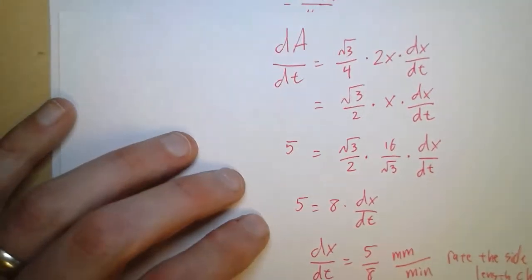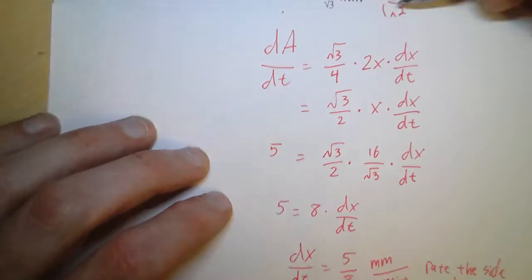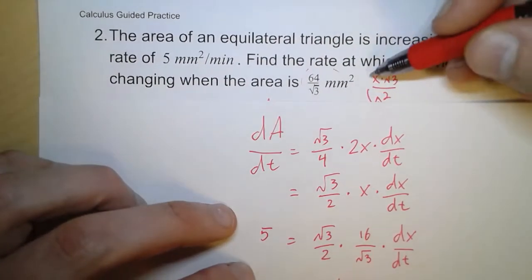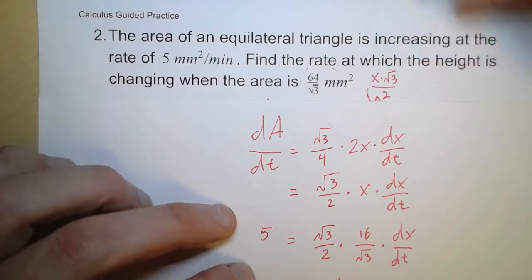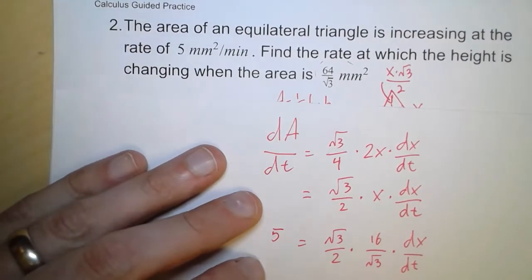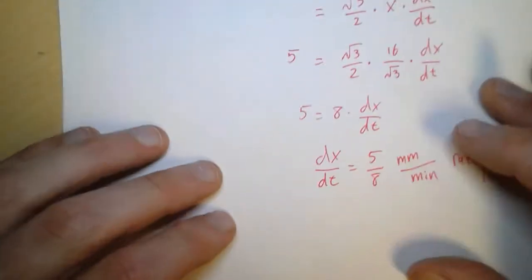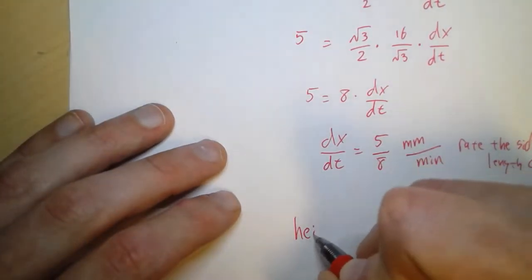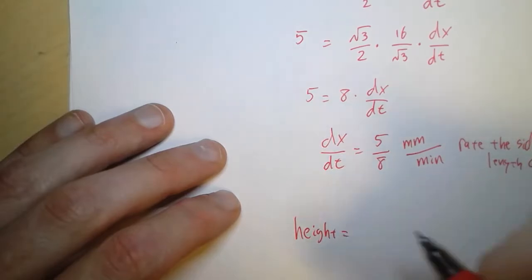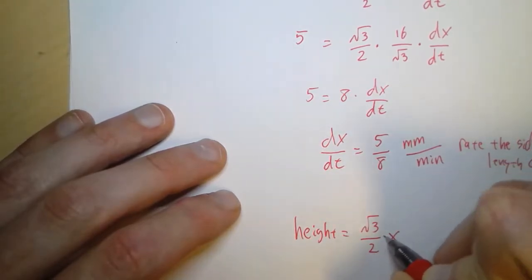But what we want is to know how fast the height is changing. And so up here, the height is x times square root of 3 over 2. So what we have to do is say, well, the height is the quantity square root of 3 over 2 x.